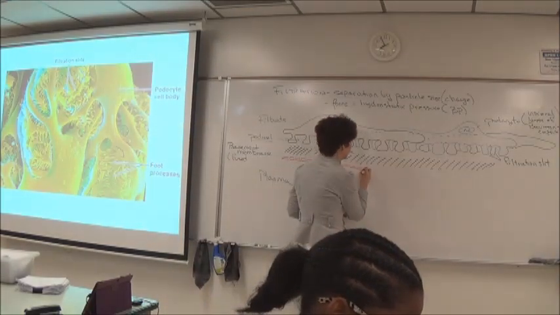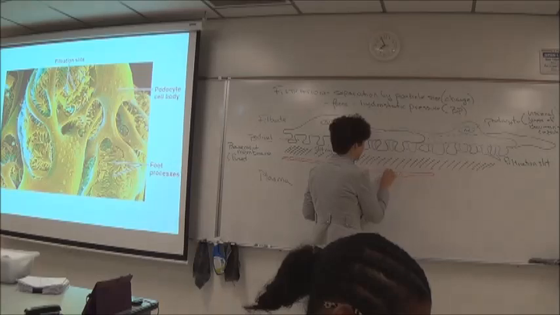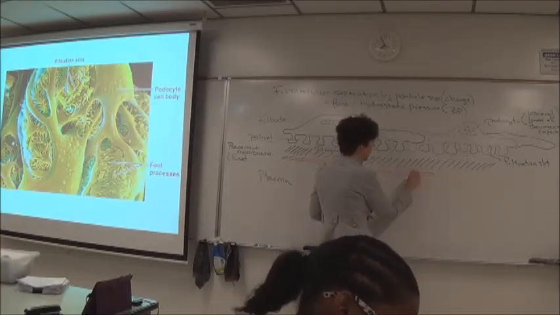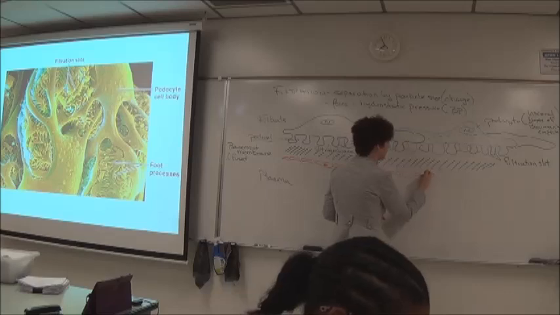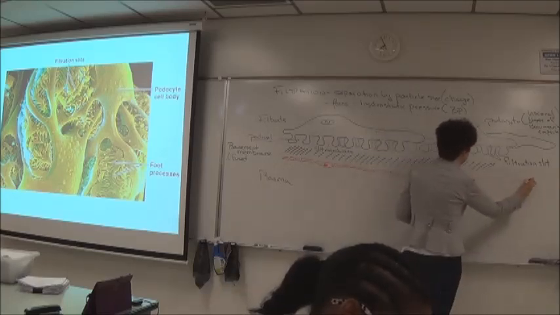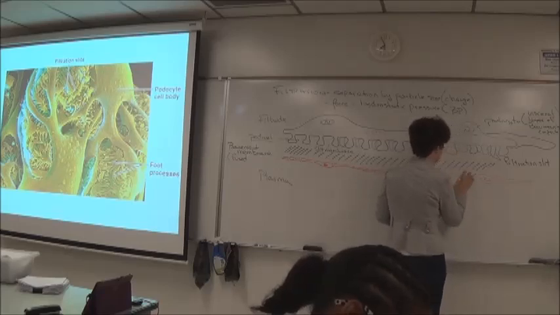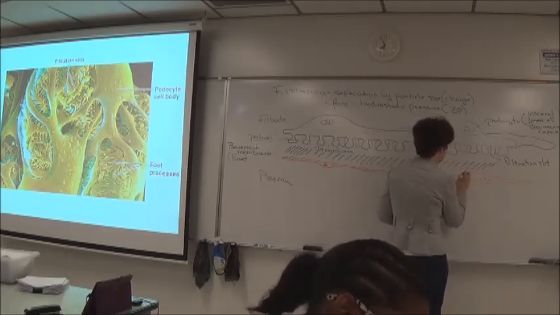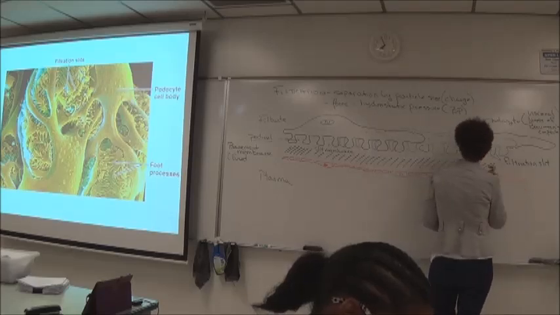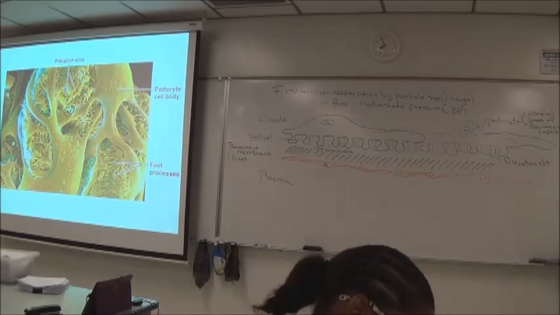And so these pores also contribute, of course, to the filtration and limit the size of what can pass through, but they're not the main determinant. More limiting are the charges in the basement membrane and the slit diaphragms.